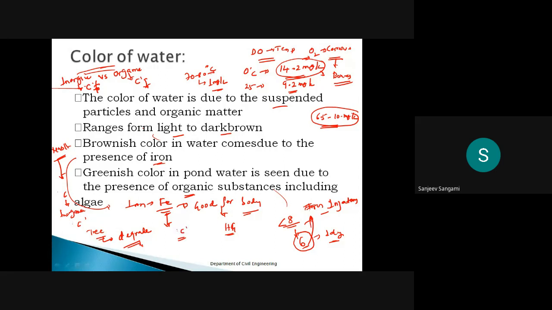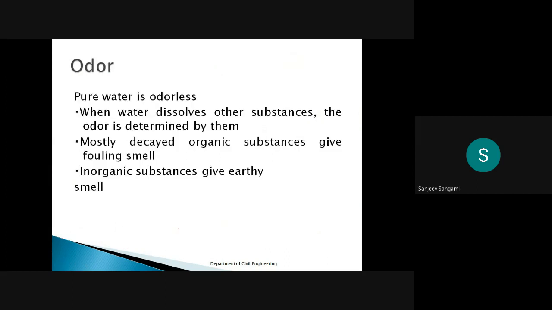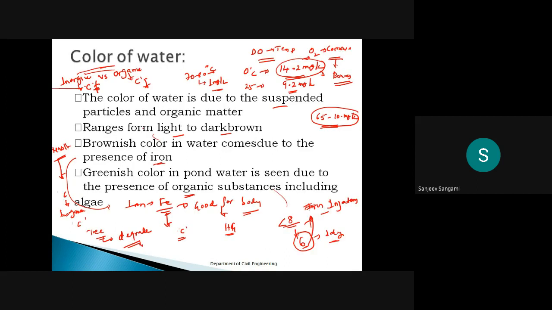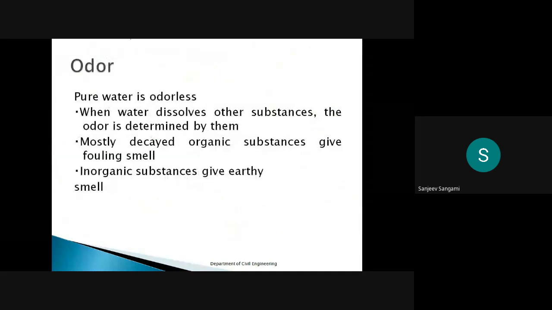So even the color should not be there. Water should be free from color. Then how is the color measured? Color is measured in Hazen's units.